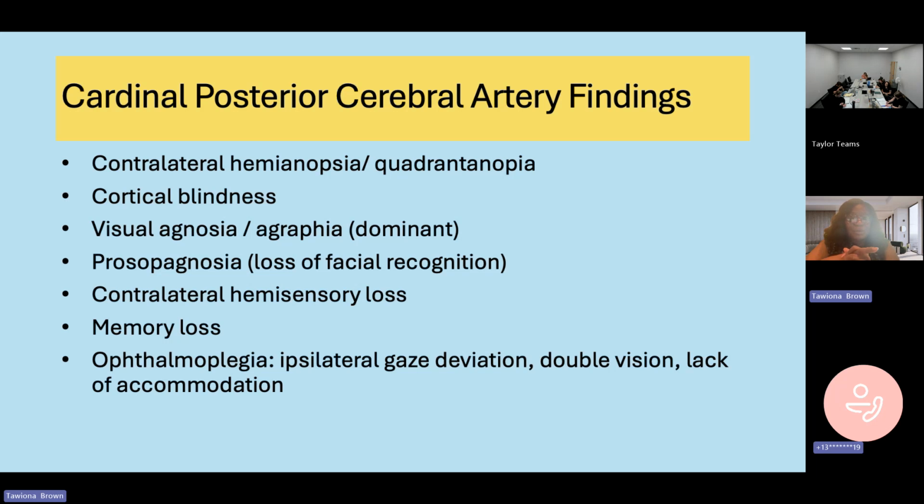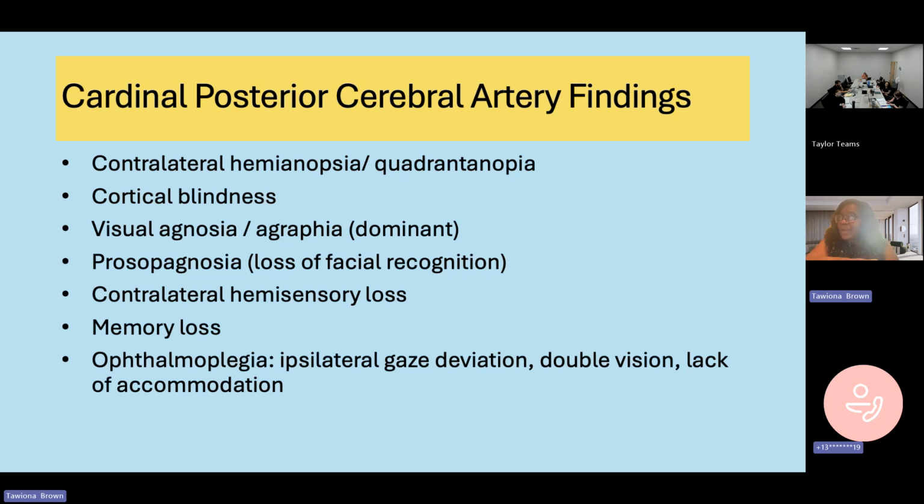You can see something, but you don't know what it is. Let's say it's red and it's a circle. It could be a ball or it could be an apple, but you don't know. Prosopagnosia is no facial recognition. So remember, vision and object recognition are primarily impacted when it's the posterior cerebral artery.